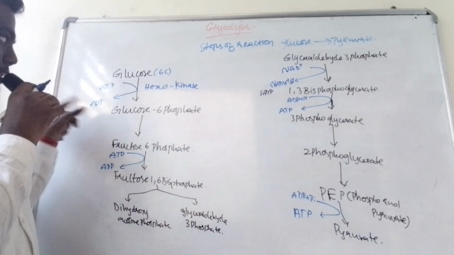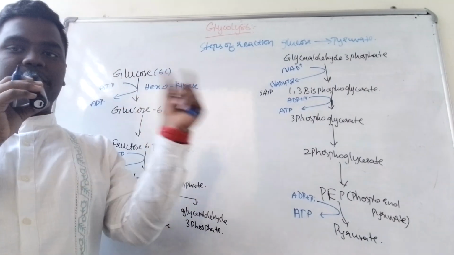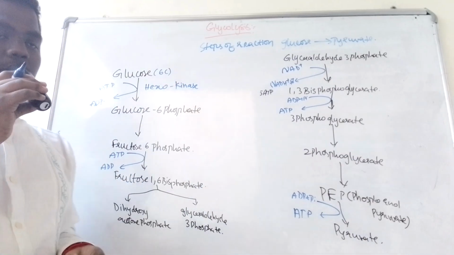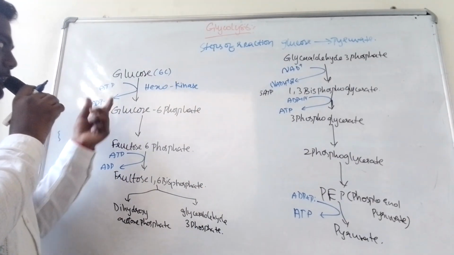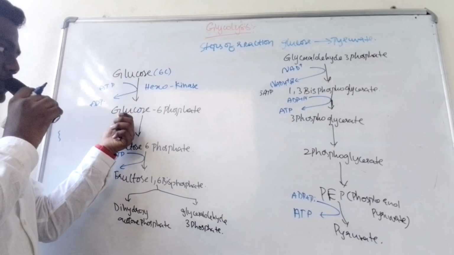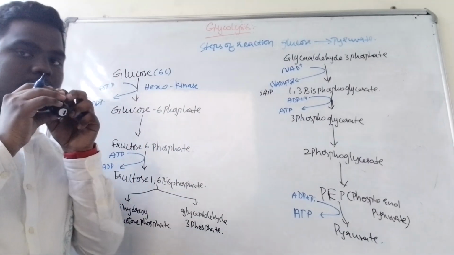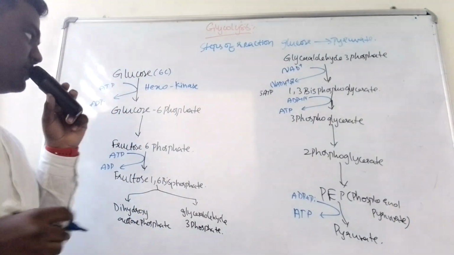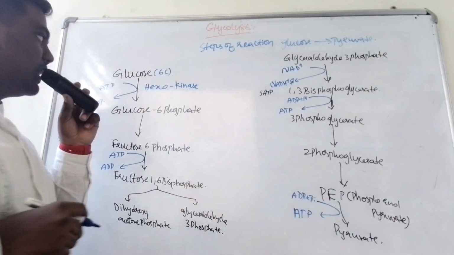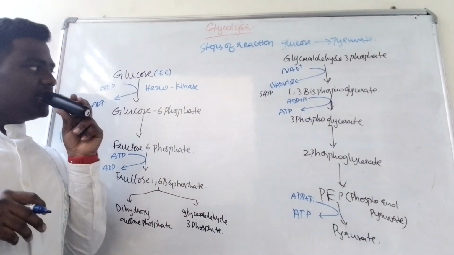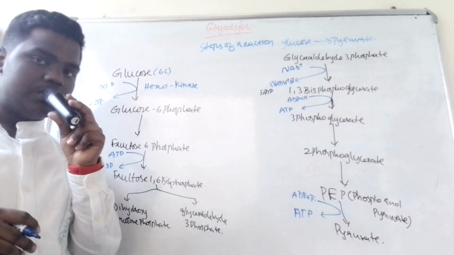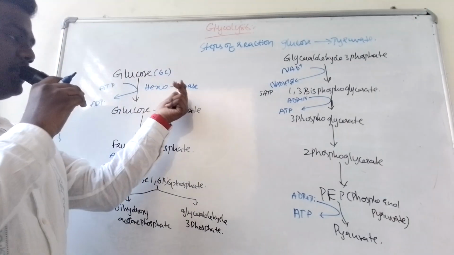Because ATP is involved, so the enzyme will end with kinase. So the enzyme that helps convert glucose to glucose 6-phosphate is hexokinase.